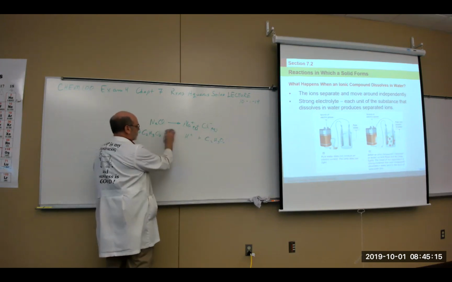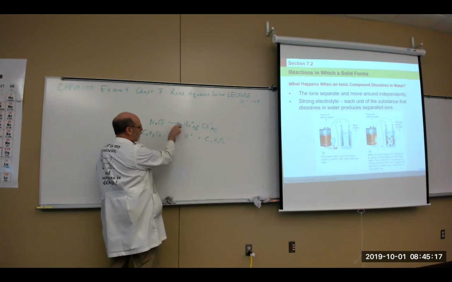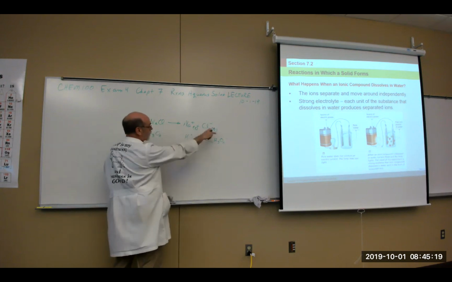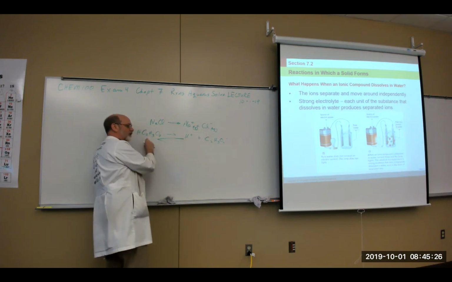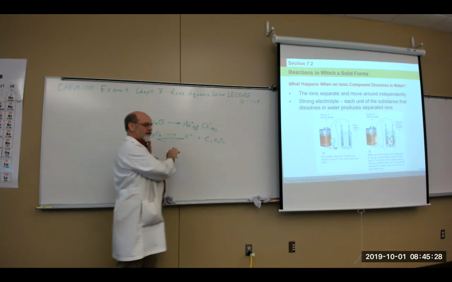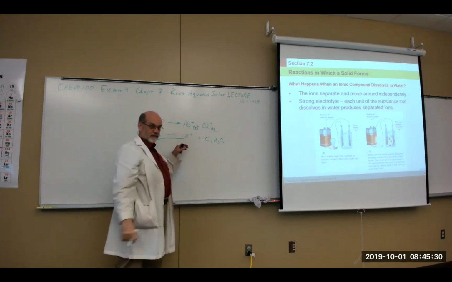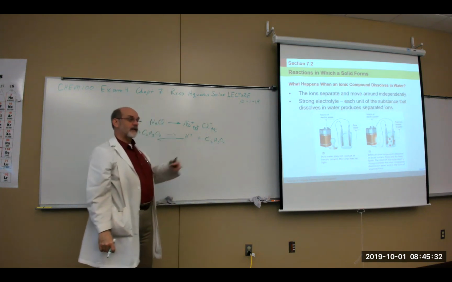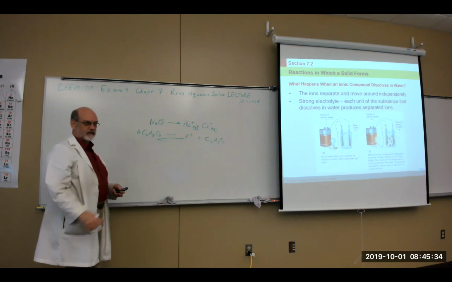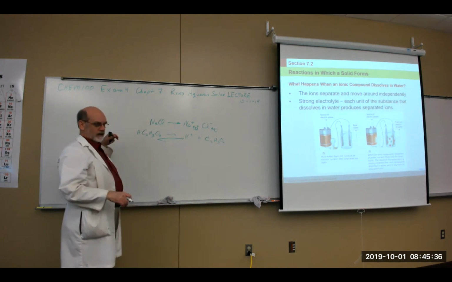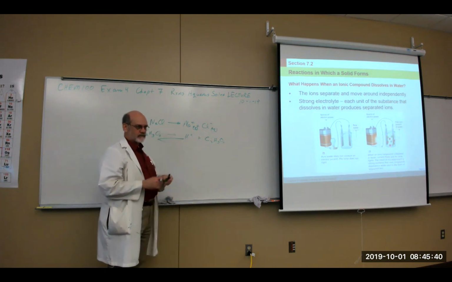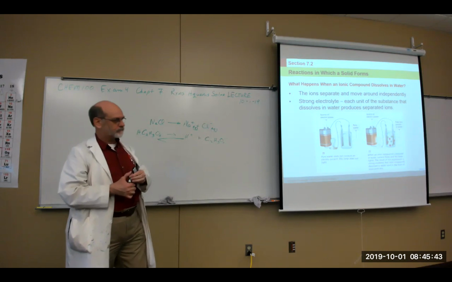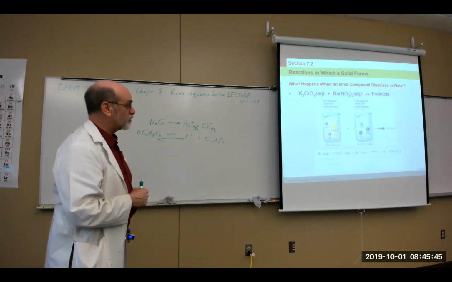Whereas we can put one arrow here and that says everything goes in that direction, this one goes like that, but like this. It's mostly over here. So it only dissociates a little bit, but it's enough to conduct some electricity. Okay, the difference between a strong electrolyte and a weak electrolyte is the amount of dissociation when you put it in solution.